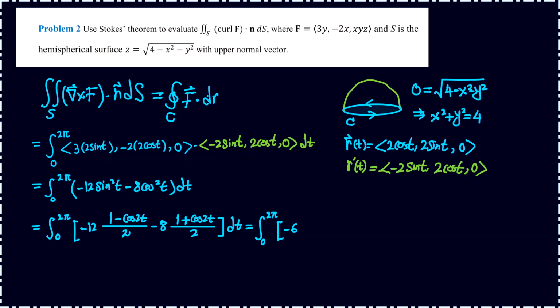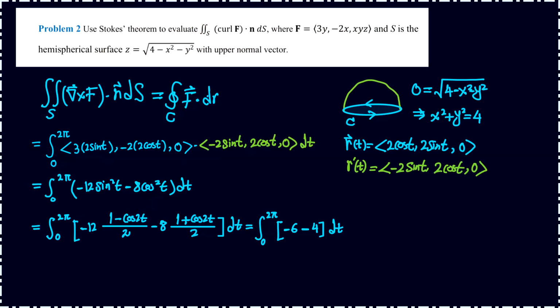And then we have minus 1/2 times 8. So that's a 4 dt. Again, I have just dropped these terms because their integral from 0 to 2 pi is just 0.